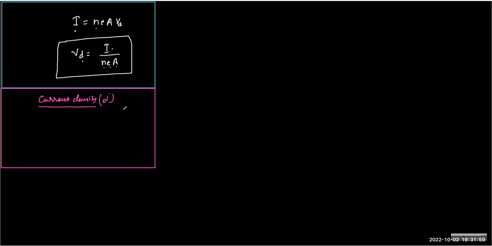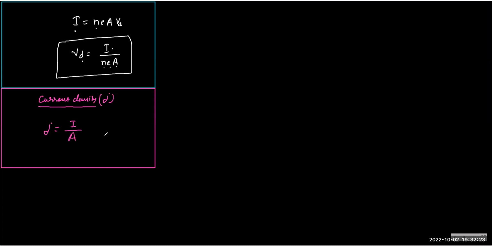So that is how we should understand. The context is boss. We all must respect the context. If you don't respect it, you will make mistakes. So current density is defined as current per unit area.